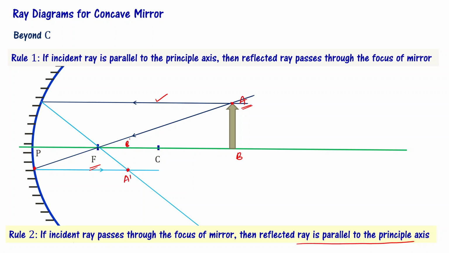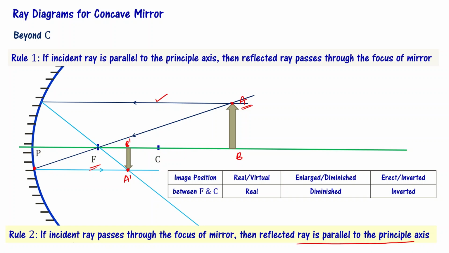Then B prime is going to be on the principal axis, right? The image is going to be inverted. Understood? So, look at this. The image position is between F and C, right? And the image is going to be real, and it is diminished in size, and it is inverted, right?